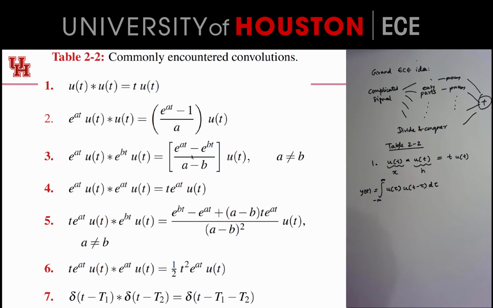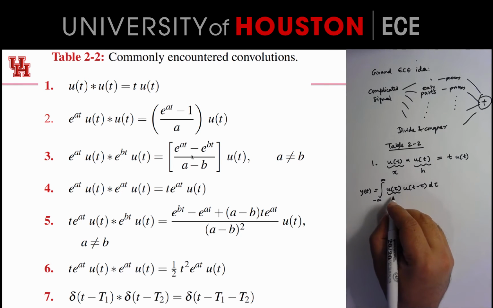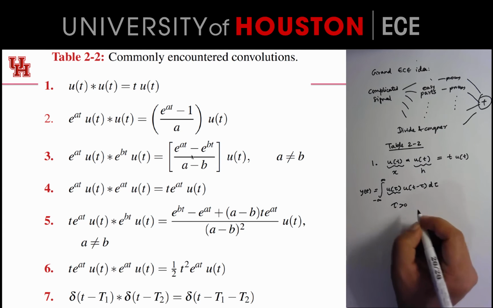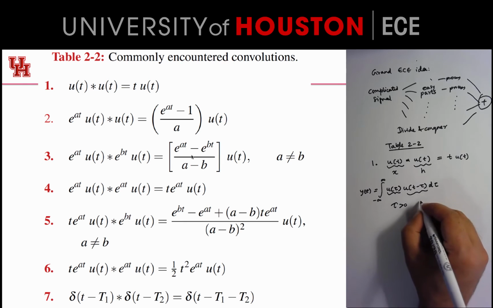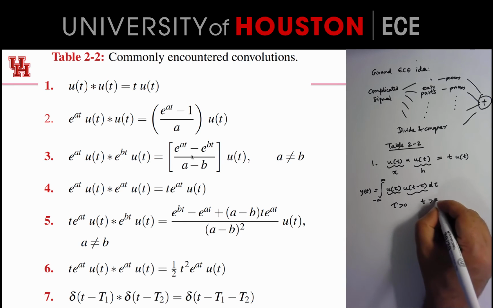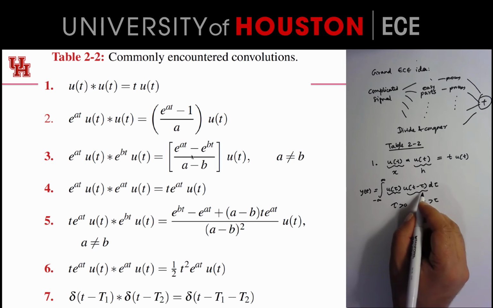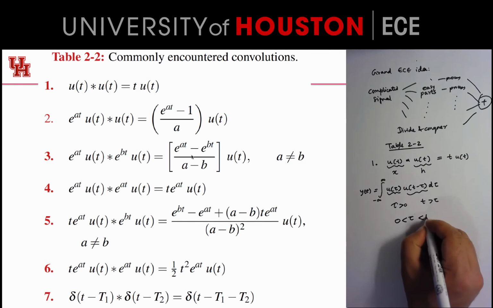All right, so where were we? Now this guy is going to be 0 except when tau is greater than 0, and this guy is going to be 0 except where t is greater than tau. So the part of the axis where both are non-zero is tau greater than 0 and tau less than t.